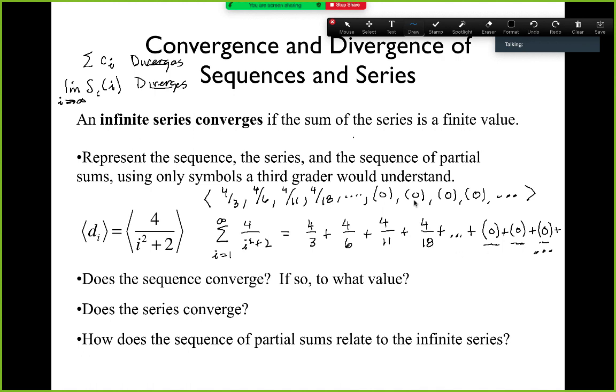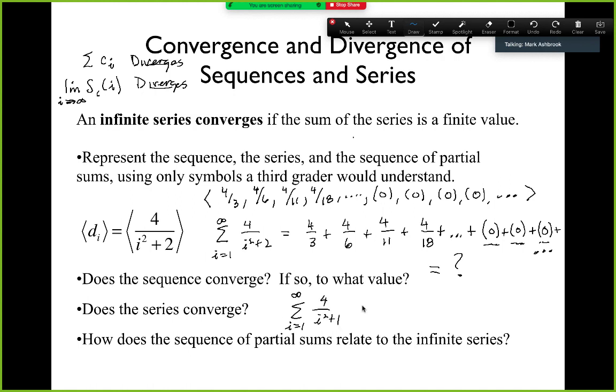Okay? And so what is the value of the series? How can I figure out what that equals when I add it all up? Could you take the limit of the sequence of partial sums? Very good.